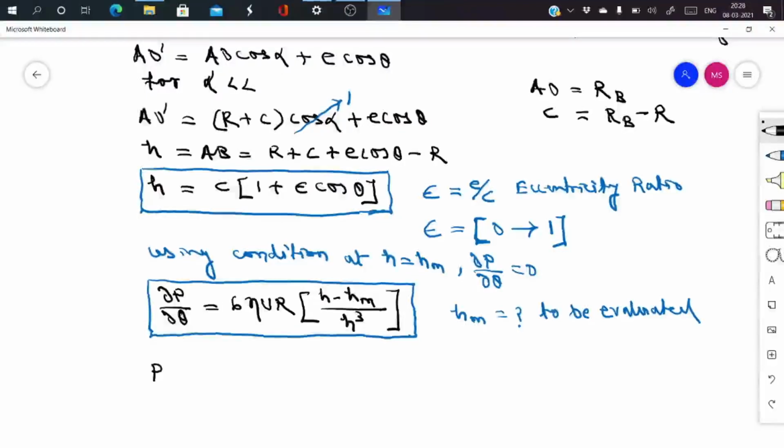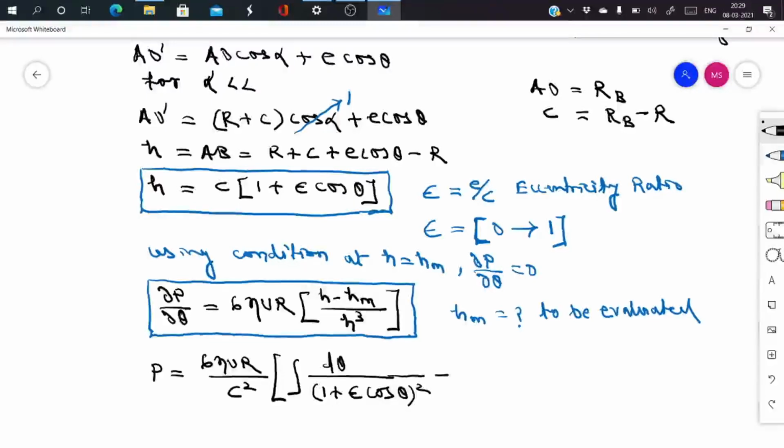So you will get P equal to 6 eta u r by c square, integration d theta by (1 plus epsilon cos theta) square, minus epsilon cos theta whole cube, plus C1.